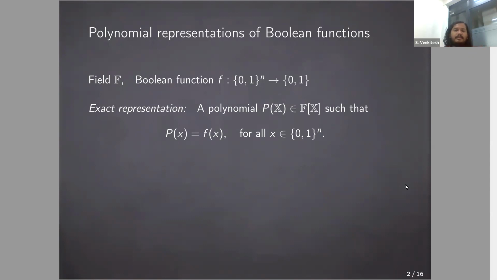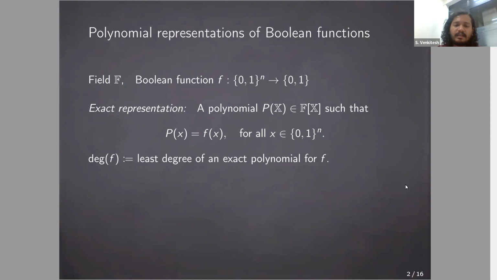A polynomial over the chosen field, which agrees with the function value at every input. And associated to this polynomial is the notion of the degree. And mind you, since we are working over the polynomial ring, there is no unique choice. There are several choices for the polynomial. And the least degree among those choices is defined to be the degree of the function itself.